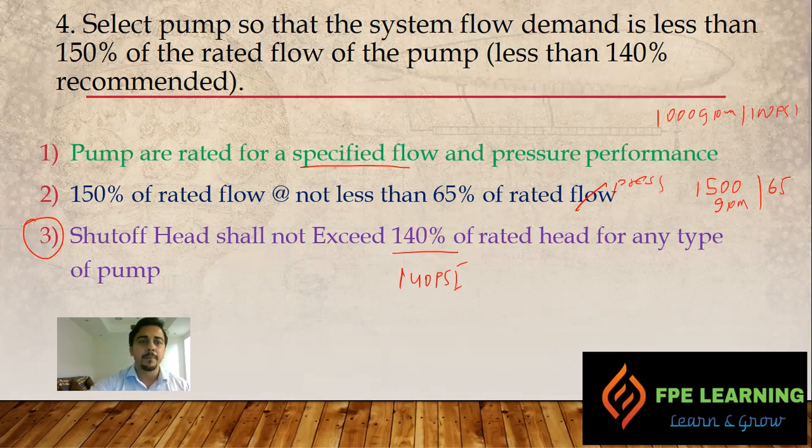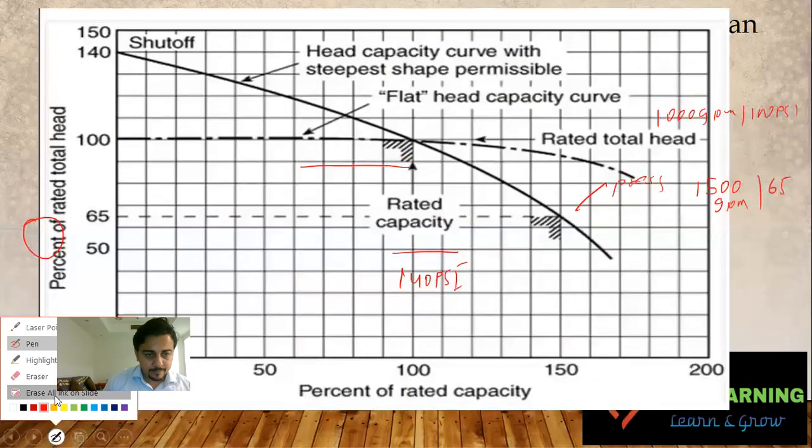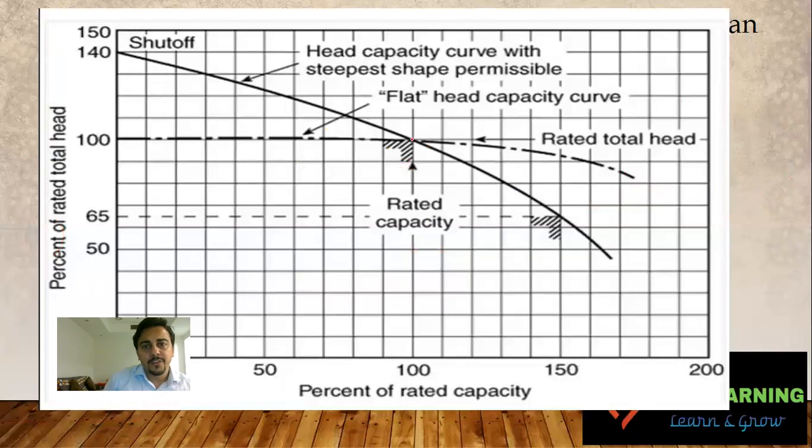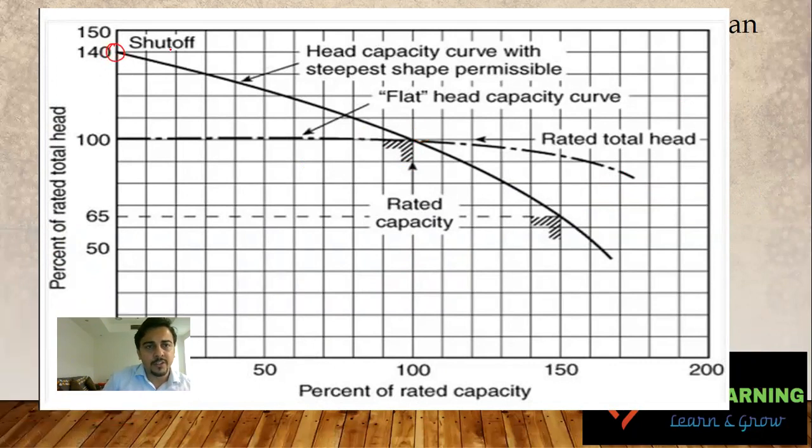So here we have a curve. Let's begin from the churn. When there is no flow, we call it the churn or shut-off. So at this point we have 140% of the head. This is the head, this is the pressure, and this is our rated capacity.